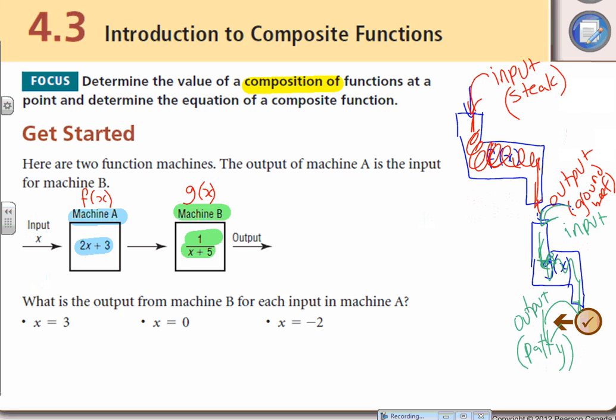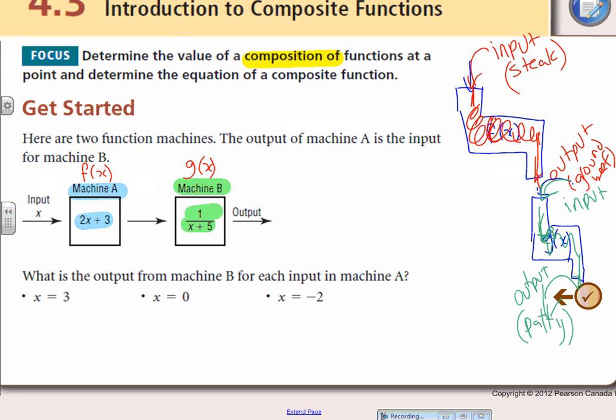For instance, what's the output from machine B for each input in machine A? If we throw a 3 in, what's going to pop out the end here? So work it through first. The 3 goes into 2x plus 3, so we get 2 times 3 plus 3, which gives us 6 plus 3, which is 9.